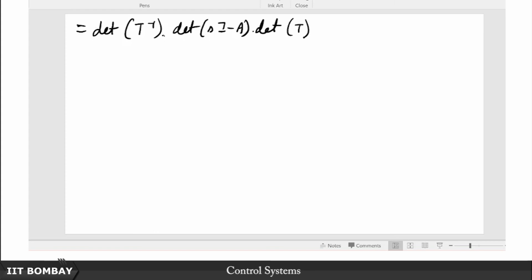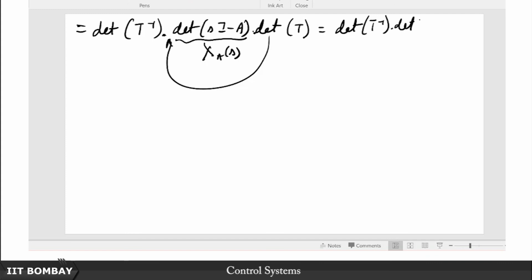Now once I am in the domain of scalars, I know that if I multiply three scalars then the order of multiplication is immaterial, and already sitting here is my chi A of s. So this is further equal to, then I just swap this position here and push it in between. So I have the determinant of T inverse times the determinant of T times chi A of s, but then again the product of determinants is equal to the determinant of the product.